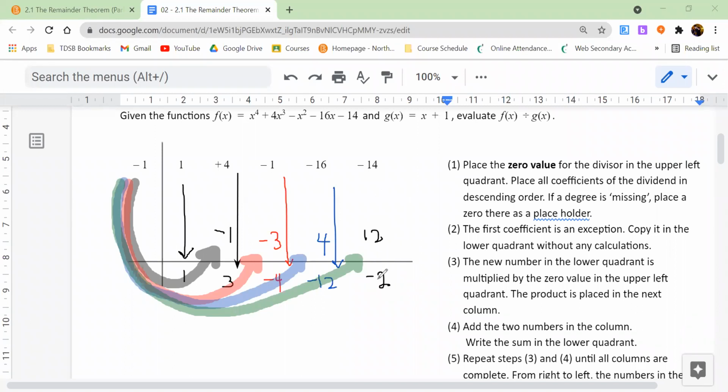Hey, does that look familiar from the previous video? The remainder was -2. What do the other numbers mean? It means that if f of x is divided by g of x, I will get these 4 numbers as the coefficients of the new function, with that as the remainder.